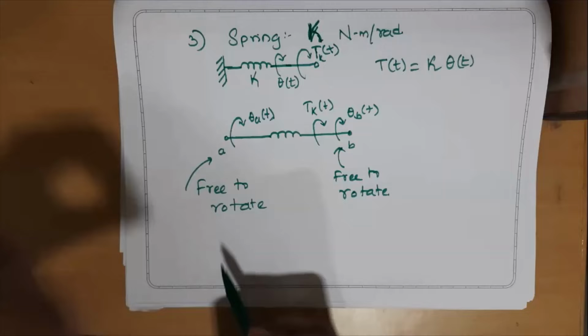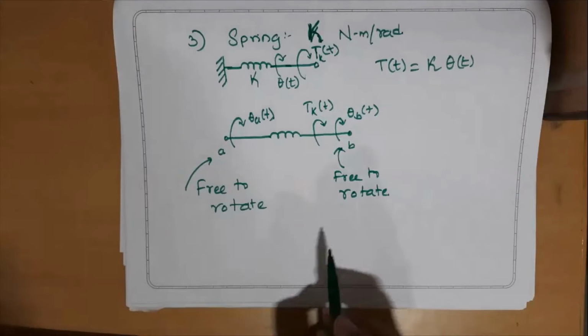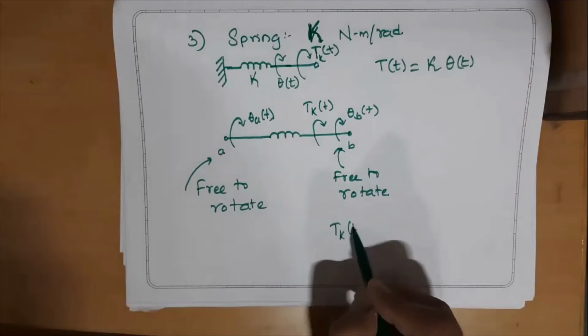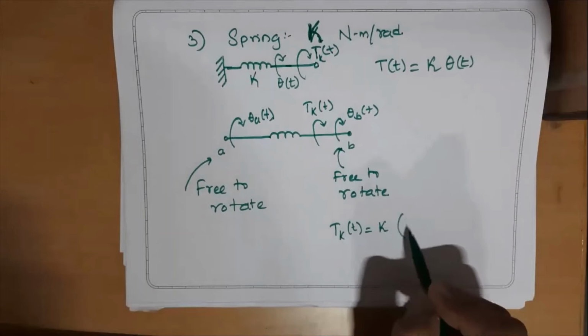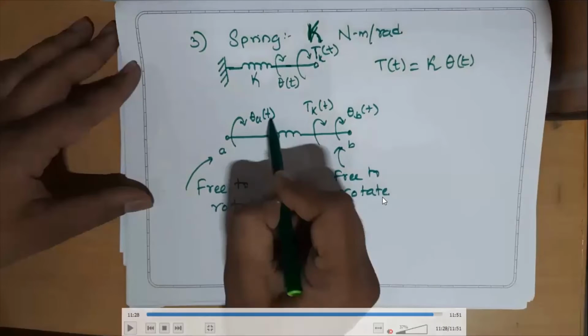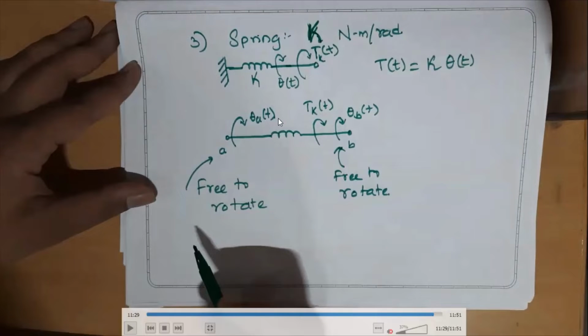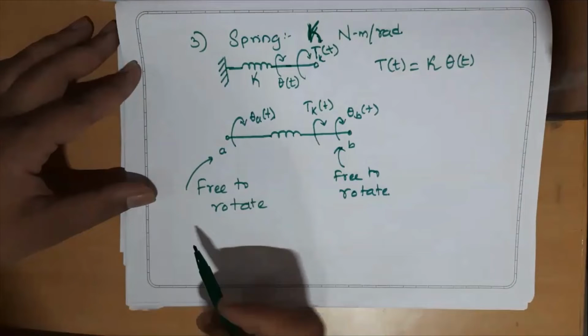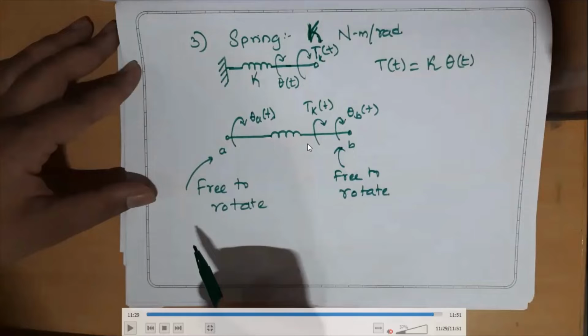So if suppose we say theta A is equal to theta B, this is no more a spring element. If theta A equals theta B, this is as good as a moment of inertia block.